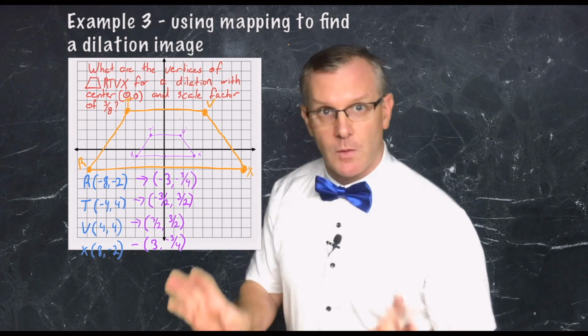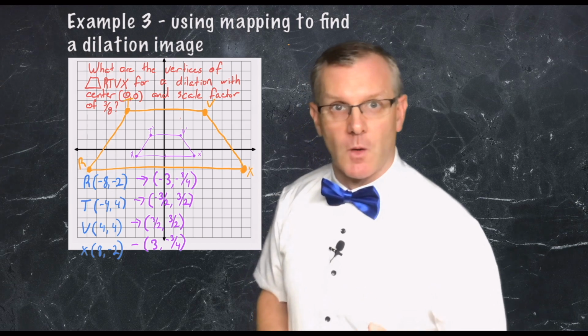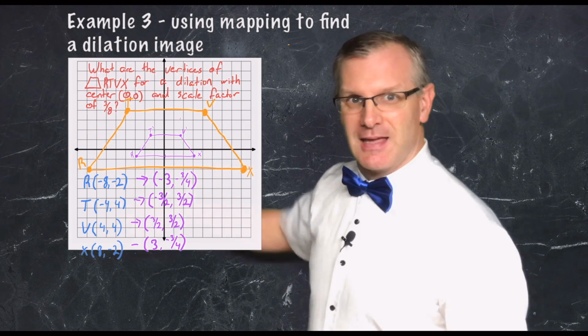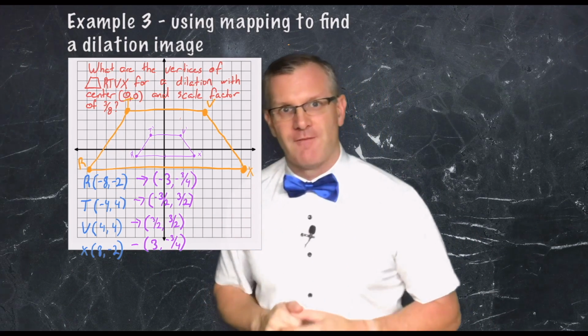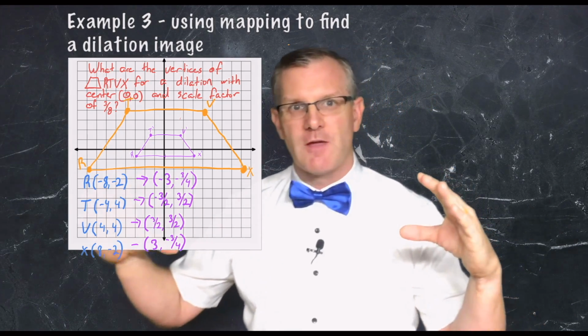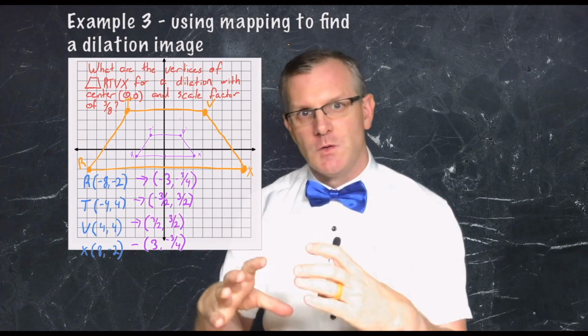That's okay. We can plot fractions. No worries. We'll plot those grid coordinates, connect them up, and we see that we now have a reduced image. We've taken that trapezoid and made it smaller. We brought it in closer to the origin.